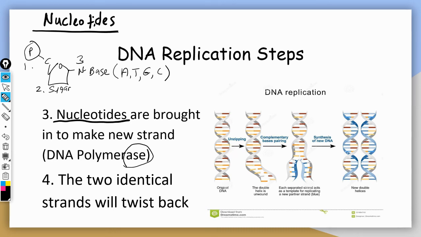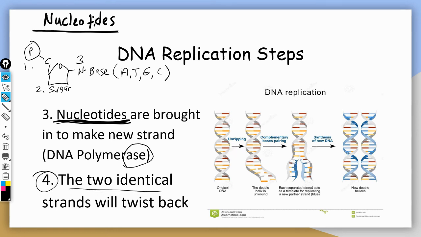So DNA is a polymer. So polymerase is the enzyme that is going to add these new nucleotides to the original strands. And that's where you see that complementary base pairing that we were describing earlier, where A pairs with T and G pairs with C.